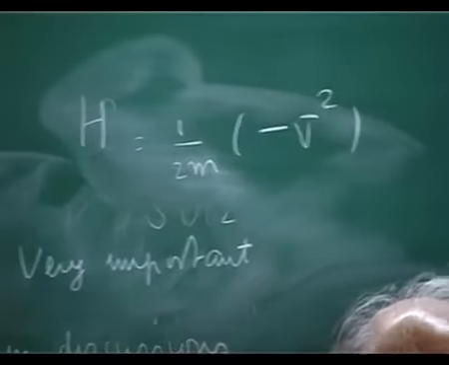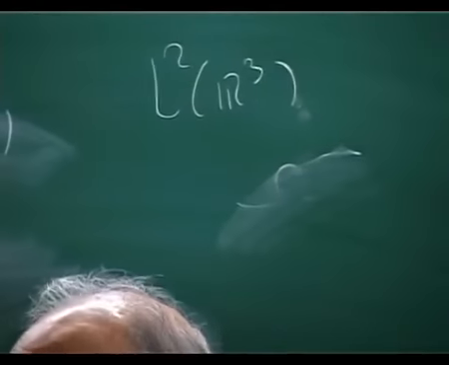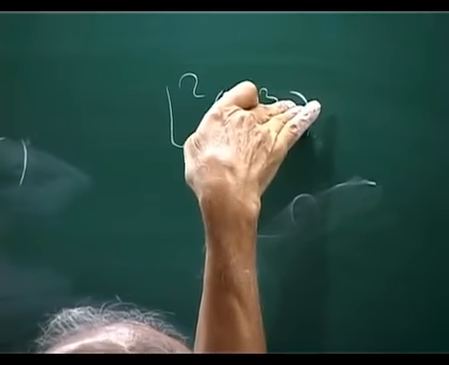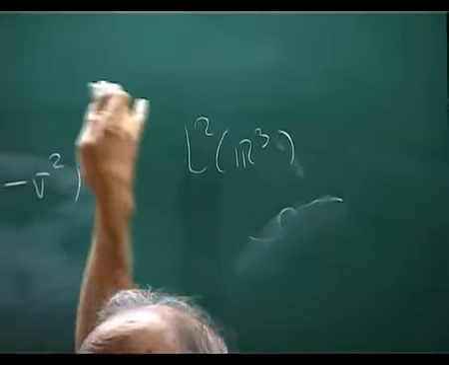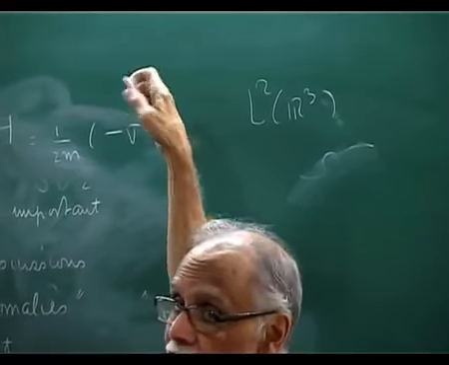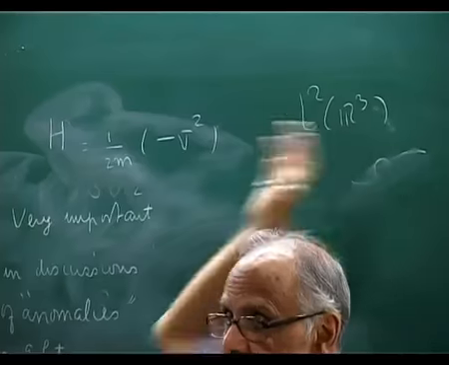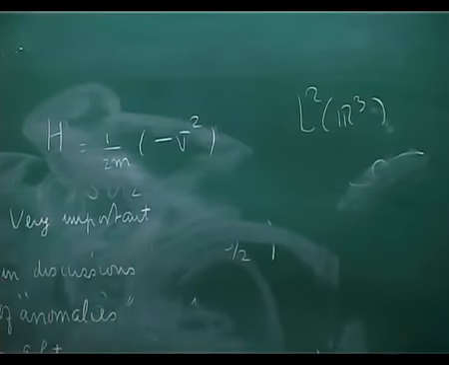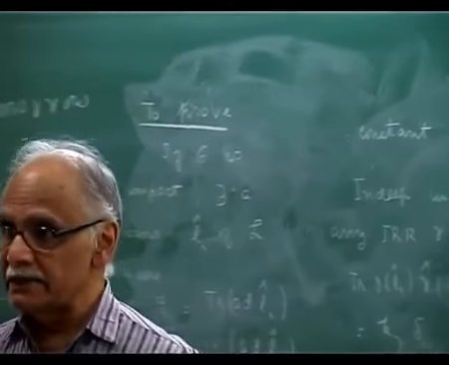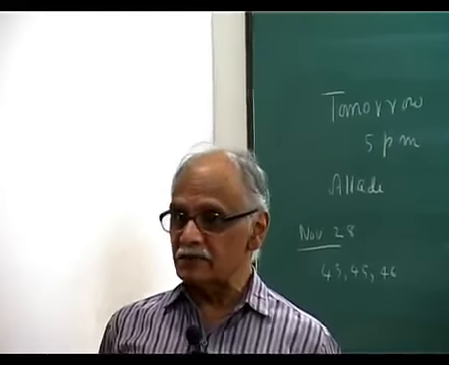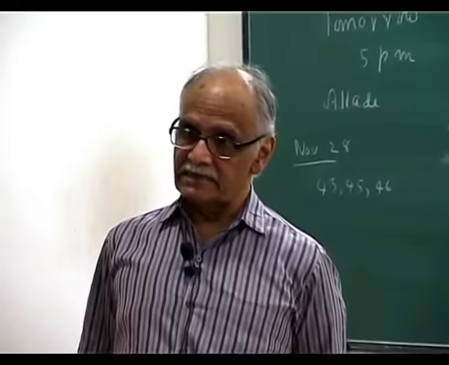But this operator is not defined on all of this Hilbert space, obviously because there are two derivatives here, whereas the Hilbert space consists of all possible functions whose only requirement is that they are square integrable. So there are all kinds of discontinuous functions, in fact equivalence classes of Lebesgue square integrable functions.